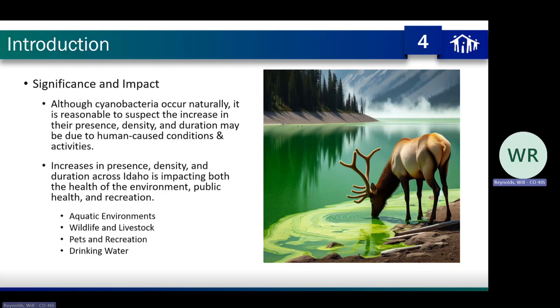CyanoHABs, when they bloom, they can reduce the oxygen content of aquatic environments, which really constricts the needs of plants and healthy algae within the ecosystem, and can cause sort of a deterioration of those environments. Now, fish, generally speaking, have matured in environments where cyanoHABs, cyanobacteria are present.